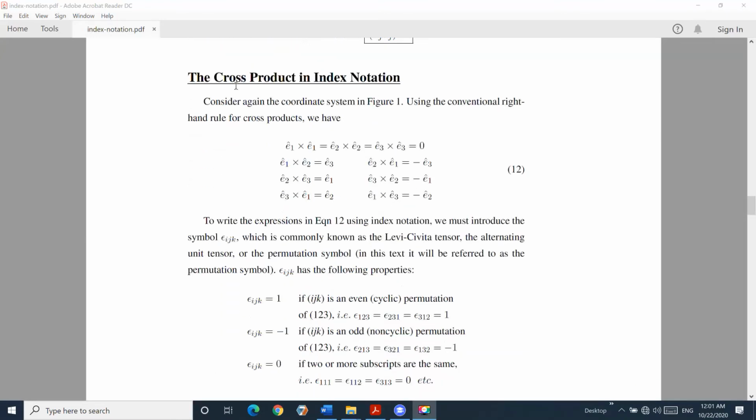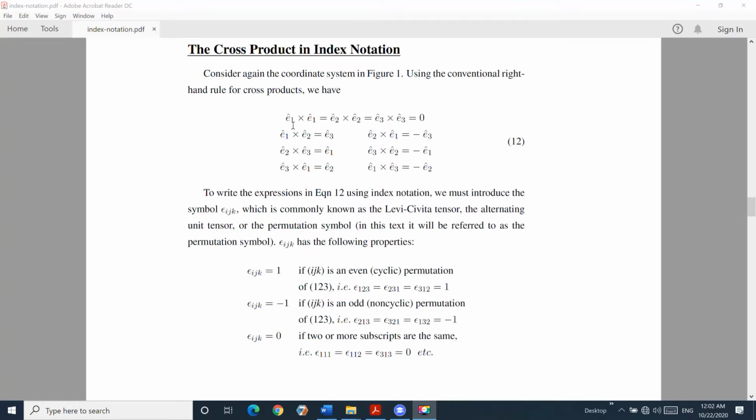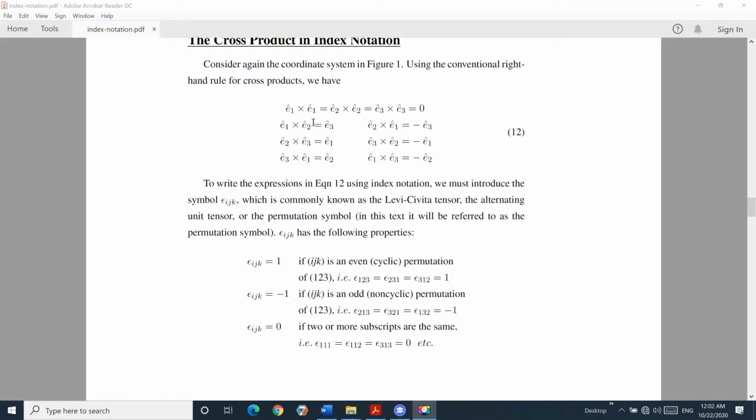Okay, the next topic is the cross product in index notation. When we consider again the Cartesian coordinates in figure 1, using the conventional right-hand rule for cross products, we have E1 cross E1, E2 cross E2, E3 cross E3 all equal to 0. If you remember from the right-hand rule, the cross product of the same bases is equal to 0.